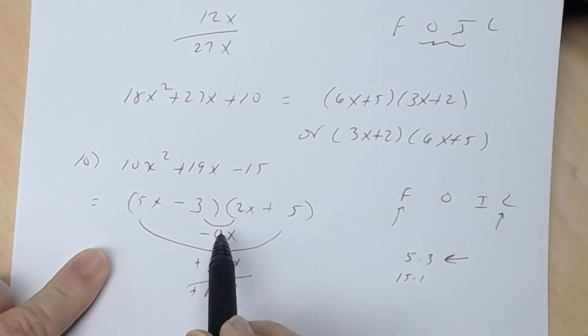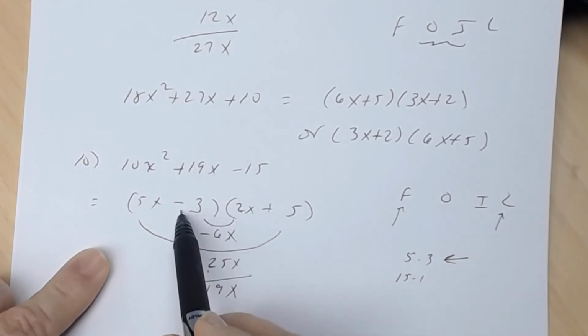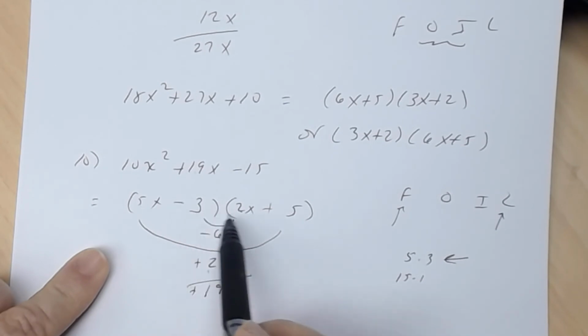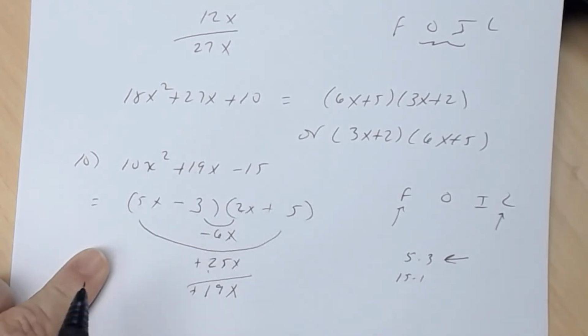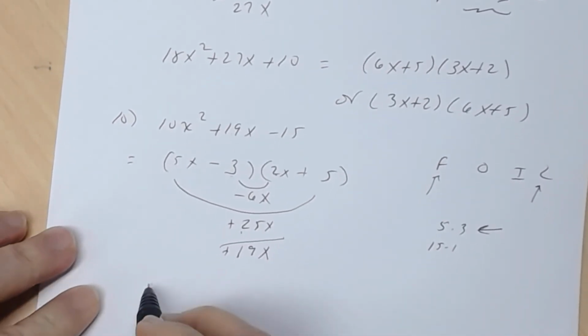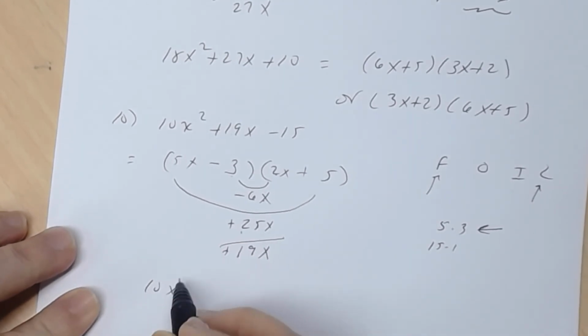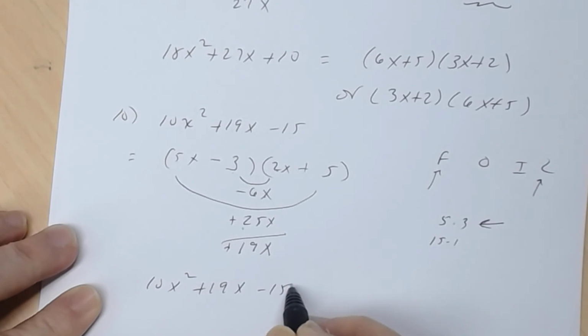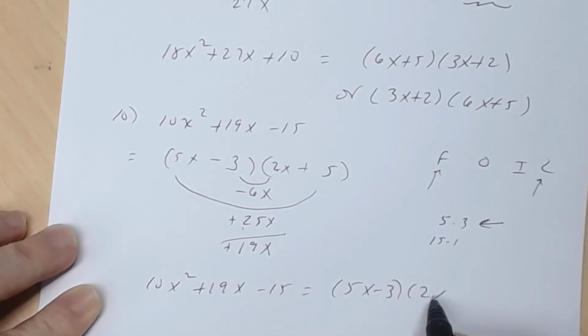When I combine those, a negative 6x and a positive 25x is a positive 19x. And then the last, a negative 3 times a positive 5 is a negative 15. So what I have is correct now. So 10x squared plus 19x minus 15 can be factored as 5x minus 3 times 2x plus 5.